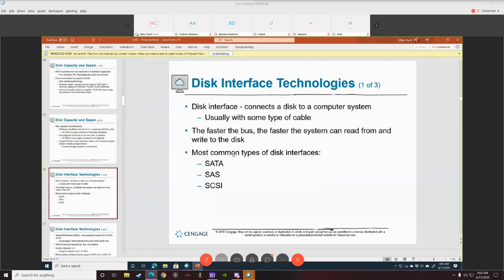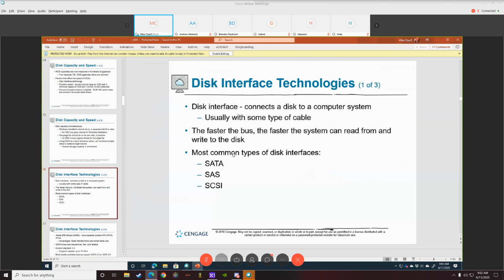The common types of disk interface, we have SATA, and this is common in your own machine. If you bought your computer a couple of years ago or now, it's a modern one, it's SATA.